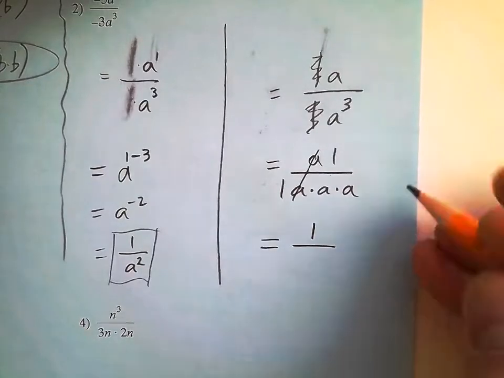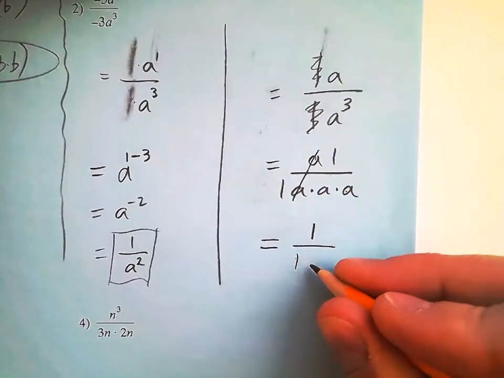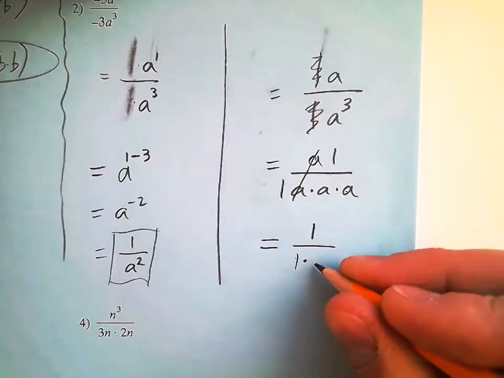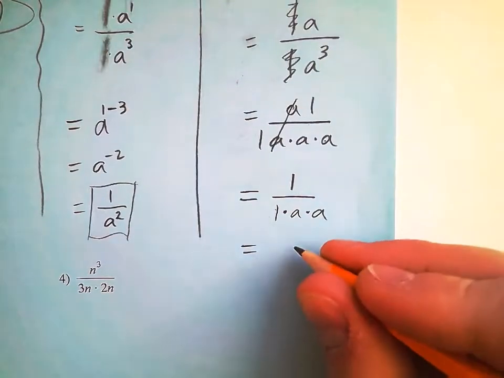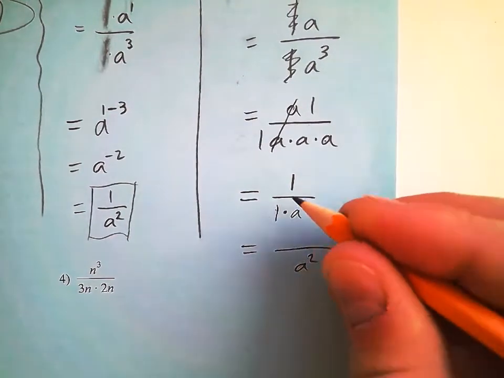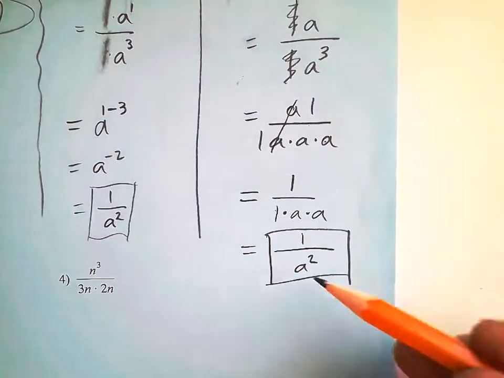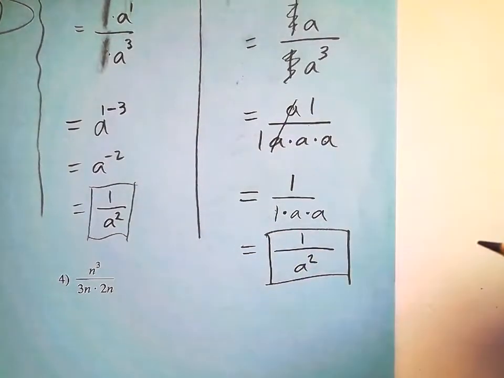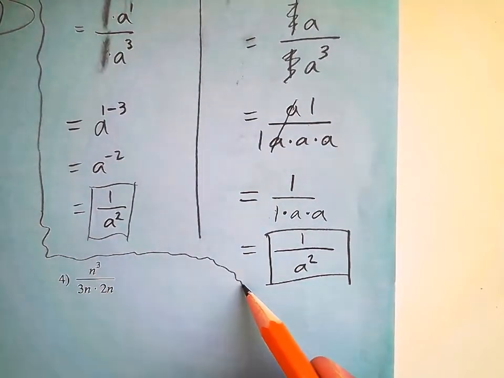Okay, 1 over a times a. Well, I'll leave this 1 for a second anyway. A times a, and 1 times a would be a squared. And there's still a 1 on the top of the fraction. If you wrote a squared for your answer, that's not the same as 1 over a squared. That's different.